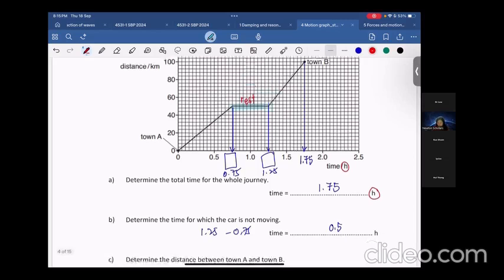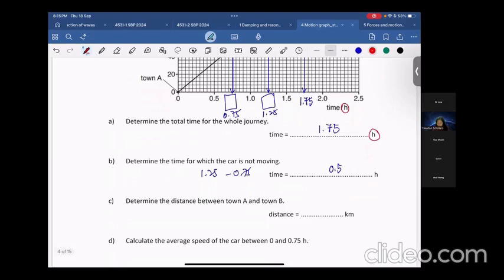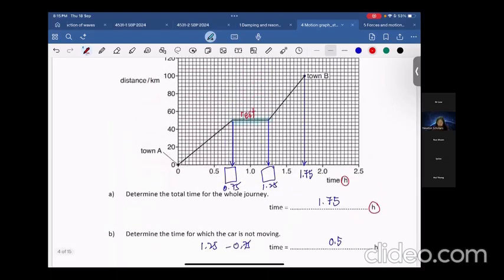Okay, we look at the next question. Determine the distance between town A and town B. Boys and girls, town A and town B, how far is the distance? Correct, Xuan, correct. Correct, Emily, correct. As I told you guys, be careful with the unit.